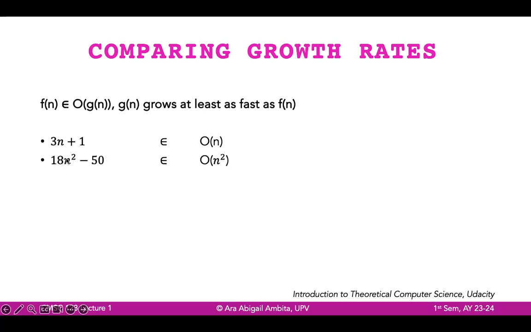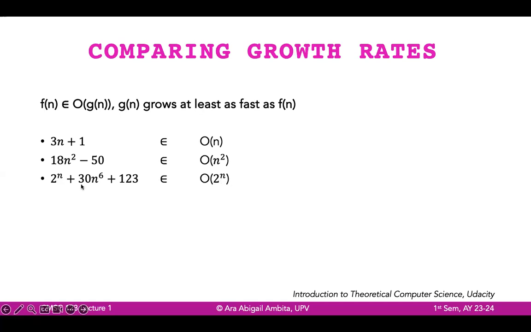So if we have 18n squared minus 50, it is bounded by O of n squared. So we will remove the constants, the 18 as well as the 50. So we will be left with n squared, and the running time will be O of n squared. And if we have 2 raised to n plus 30 times n raised to 6 plus 123, it will be bounded by O of 2 raised to n.